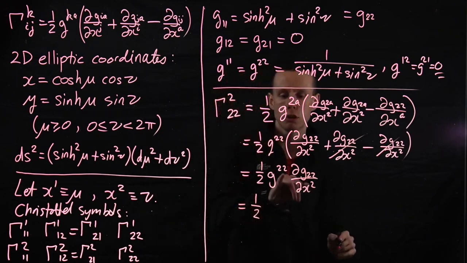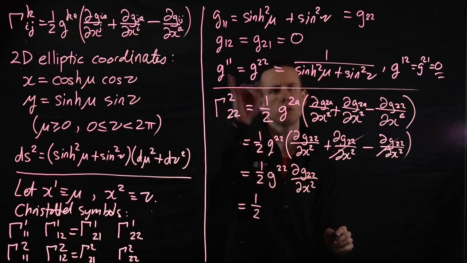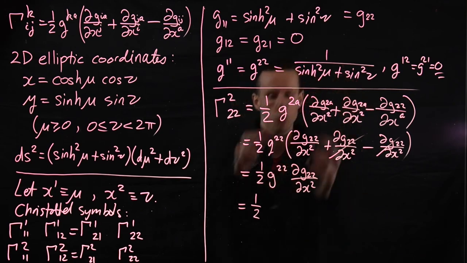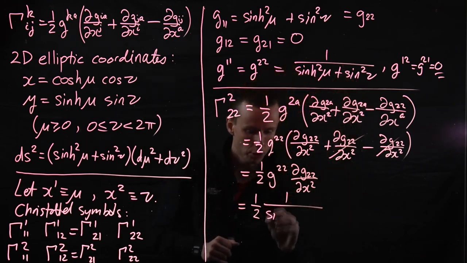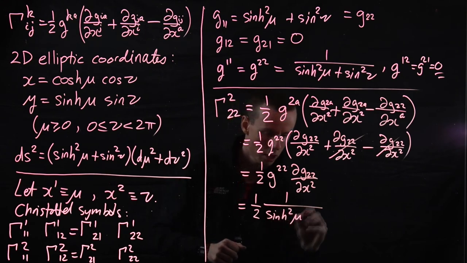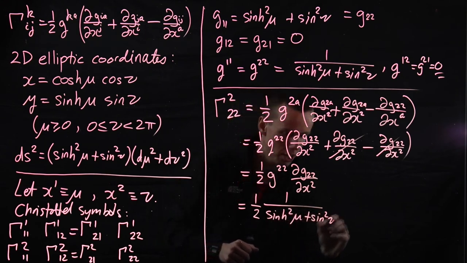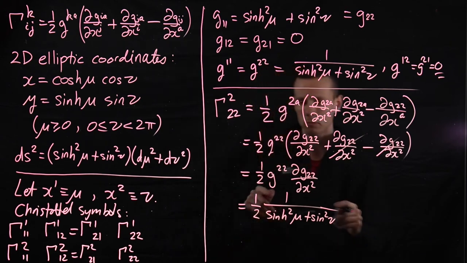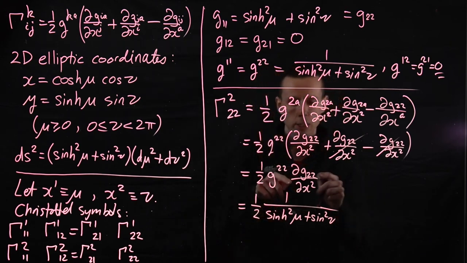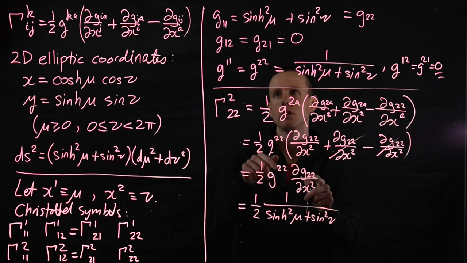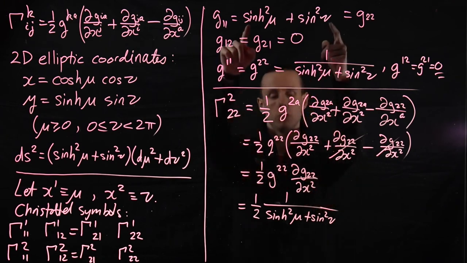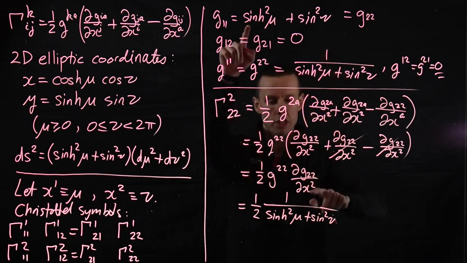Okay, so what will that be now? So g22 superscript, so just be careful not to get mixed up with those. That's 1 over sine squared mu plus sine squared nu, and then multiplied by the derivative of g22 subscript, which is this. So the derivative of this with respect to x2, which is nu.